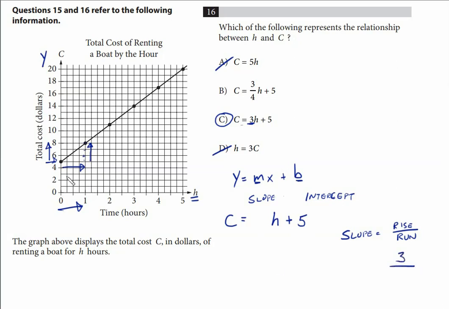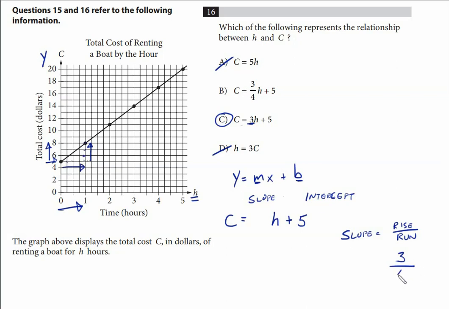Now the run, here's the tricky part, and you'll probably see a lot of these on the SATs. They give answers that are seemingly right, which is the way it's drawn. If we just count boxes, the run or the change in the x is actually 1, 2, 3, 4 boxes.